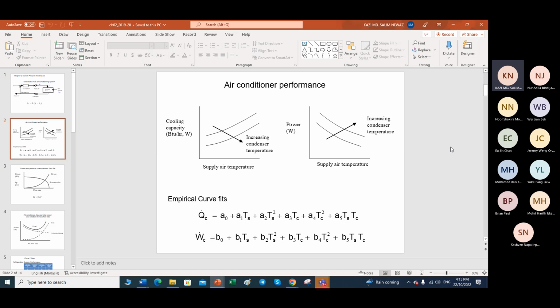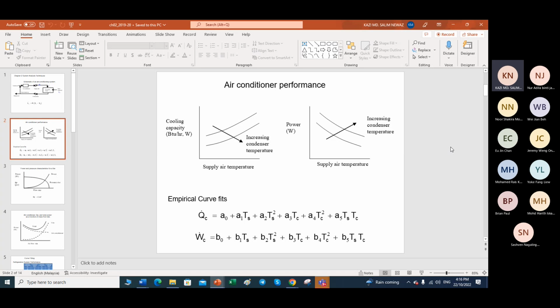We go on further to air conditioning performance. If you study the air conditioning performance, you can see the cooling capacity in BTU per hour, and also the supply air temperature. If the condenser temperature is going down, then cooling capacity in BTU increases.